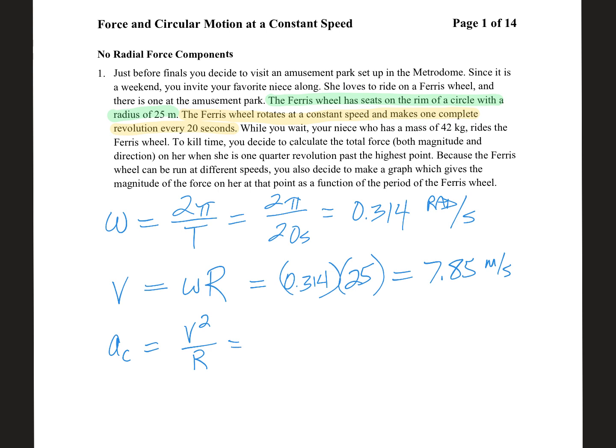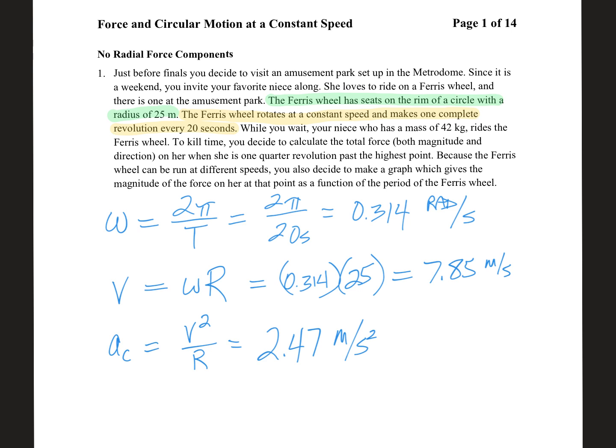And if we plug and chug the numbers, square 7.85, divide by the 25, we'll get 2.47 meters per second squared, which could also be written differently, but I'll go with what's typical in the books and whatnot.